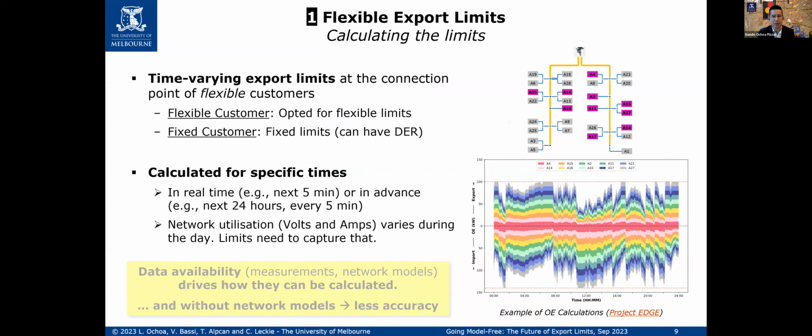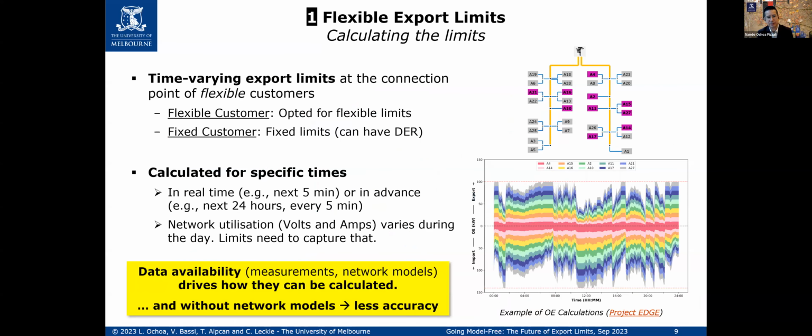All right. Now, because these are time-varying export limits, it means that we need some information to calculate them. First of all, we are going to calculate it only for those customers that are flexible, those that opted for this type of arrangement. The other customers, the fixed customers, continue to have their own limits. Now, you need information so you can define what is going to be that export limit for these flexible customers in the next 5 minutes.